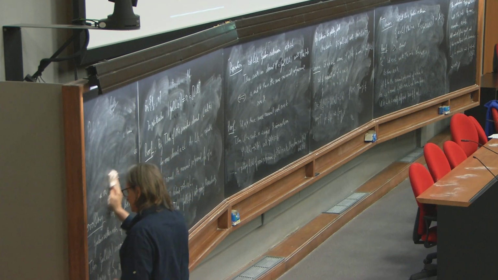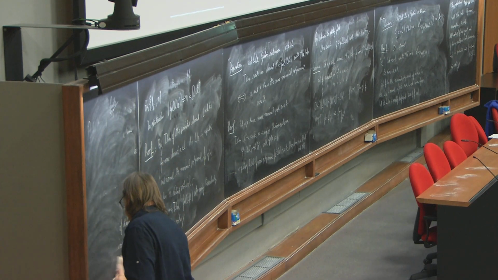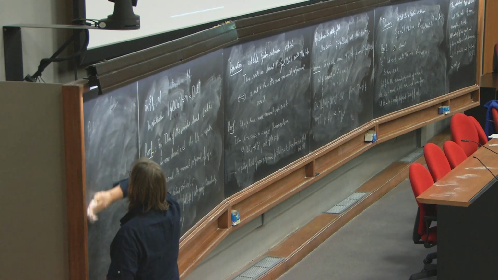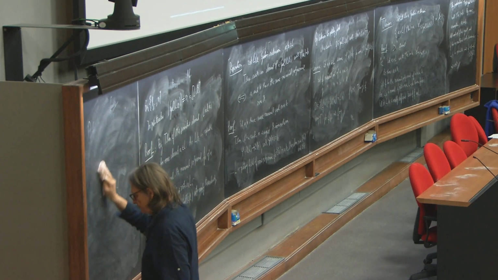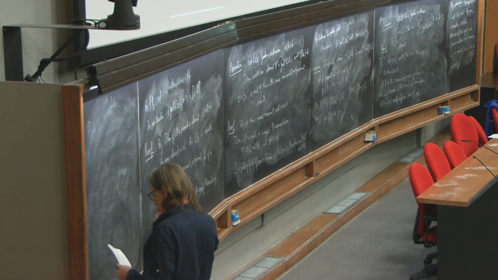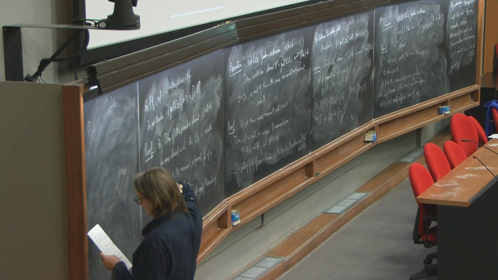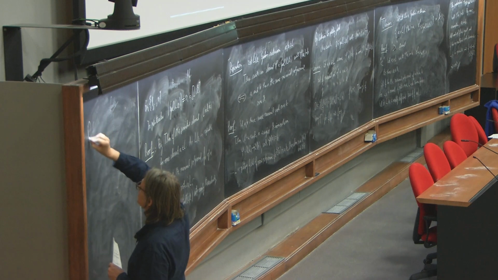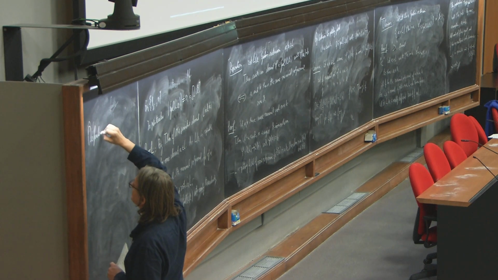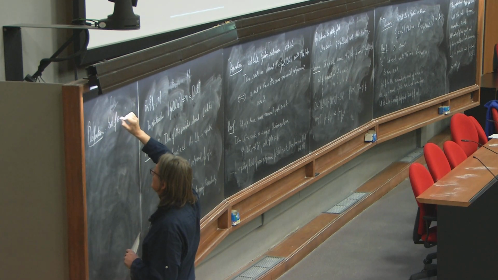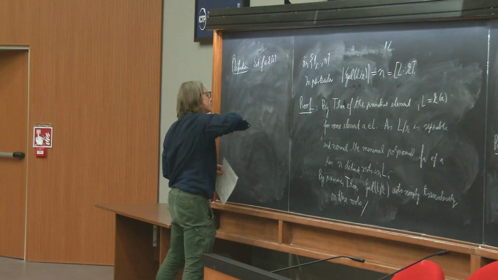We are mostly interested in the case where we're looking at the splitting field of a polynomial, and then that's the Galois group of the splitting field over the ground field. In that case, we call it the Galois group of the polynomial. So, definition. Let f in K[x] be a non-constant polynomial.